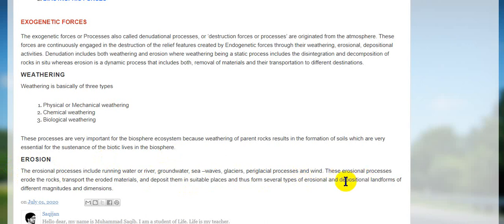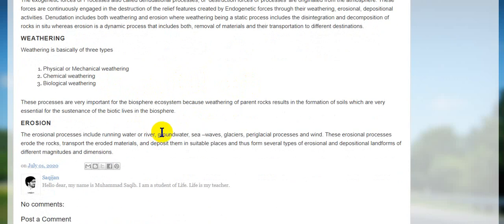These erosional processes erode the rock, transport the eroded material, and deposit it in suitable places, and thus form several types of erosional and depositional landforms of different magnitude and dimensions. Today we covered the factors that are responsible for the formation of landform development.